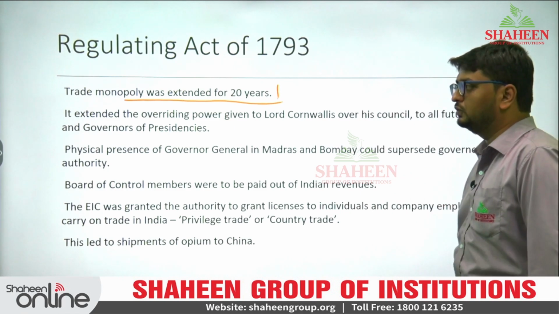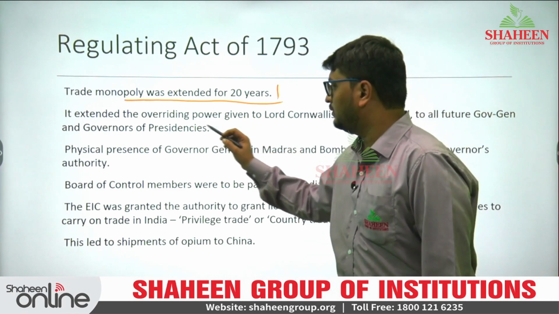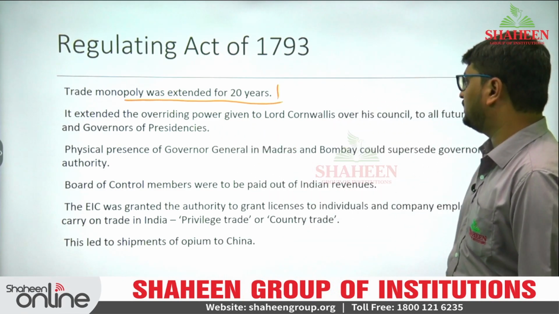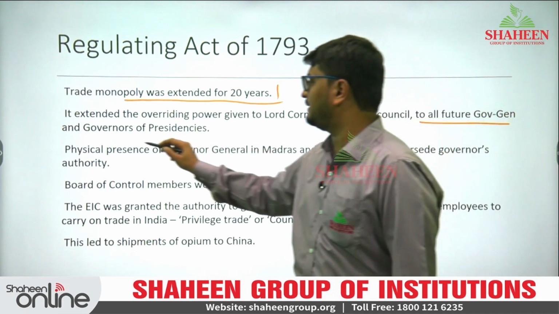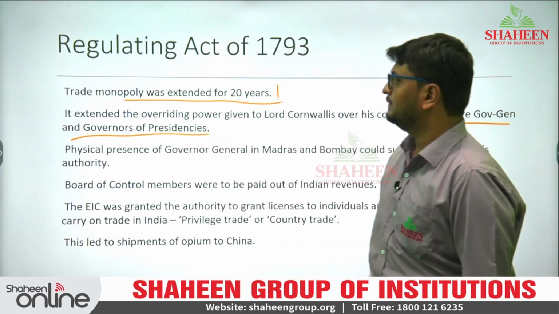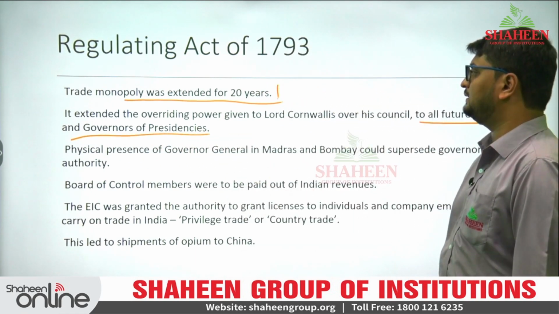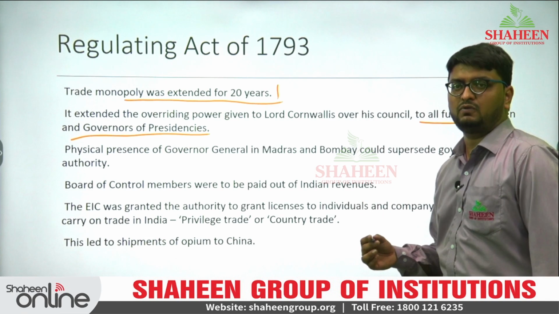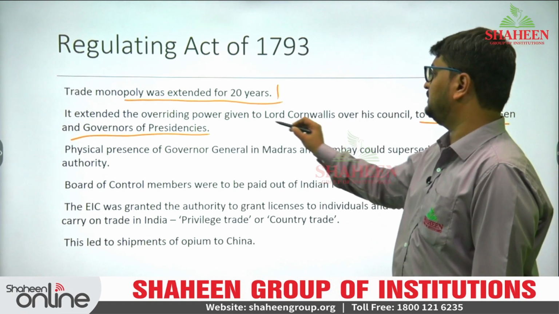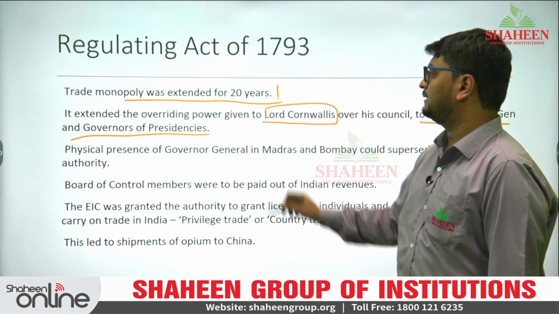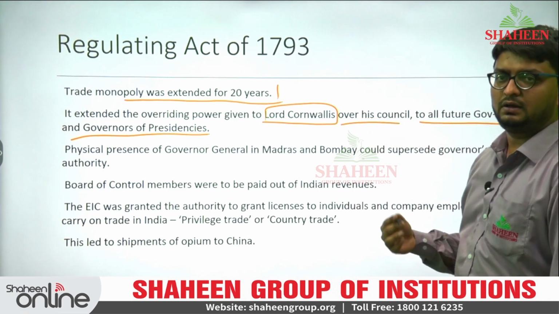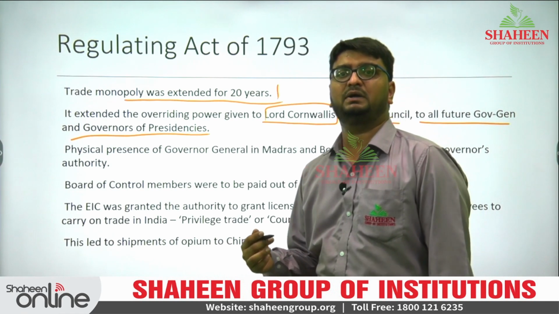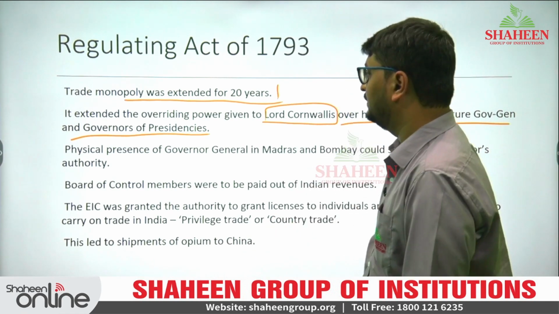Then what did it do? It extended the overriding power given to Lord Cornwallis over his council to all future Governor Generals and Governors of Presidencies. So the Regulating Act of 1793 extended this overriding power, which was given to the Governor General of the time over his council, to all future Governor Generals, which means it made the executive more powerful.